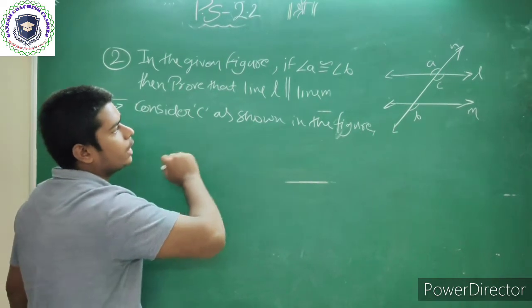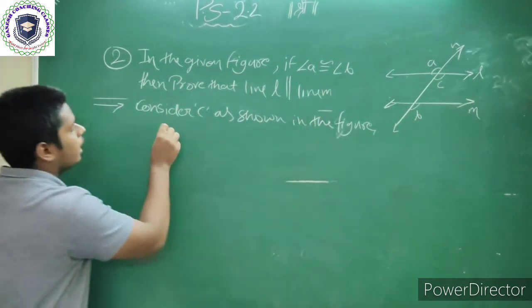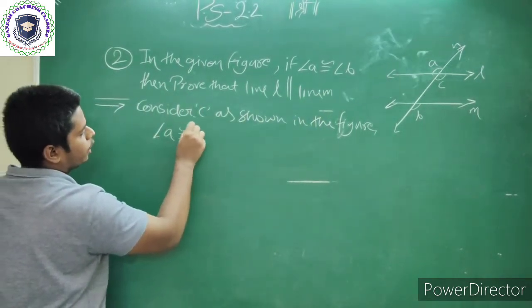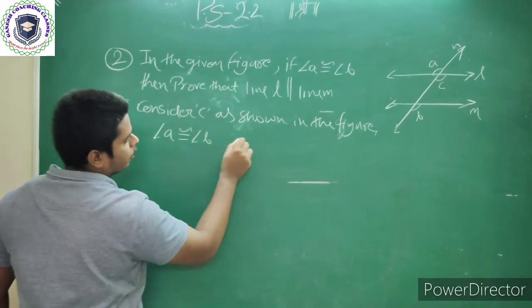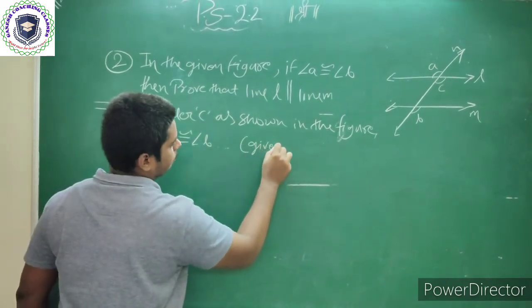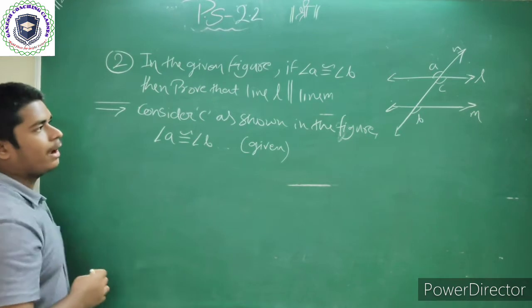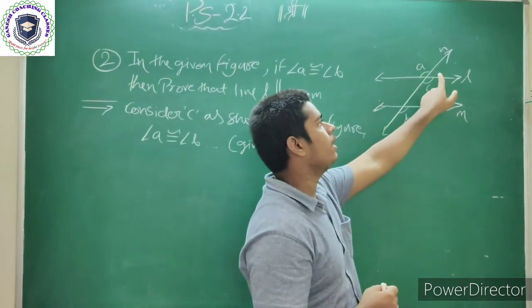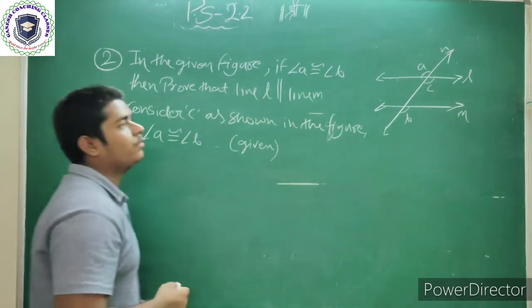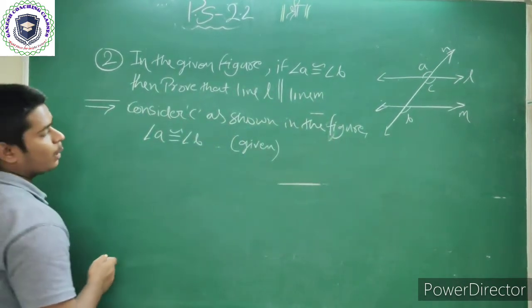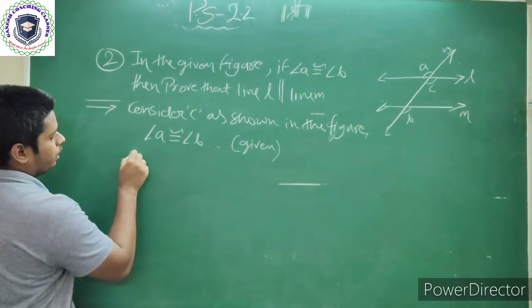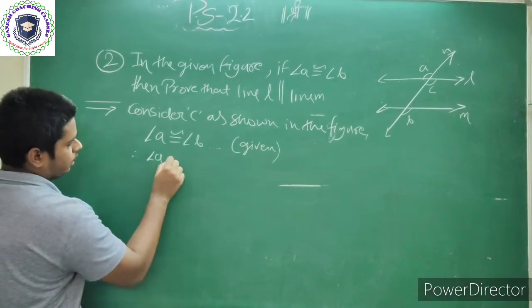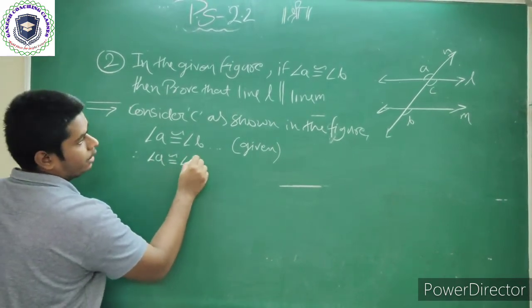Okay, first of all we have to write what we have given here. Angle A is congruent to angle B. Okay, this we have given in the question, and we here assume angle C. Okay, and angle A and C are equal by which property? Vertically opposite angle. Okay, so here therefore angle A is congruent to angle C.